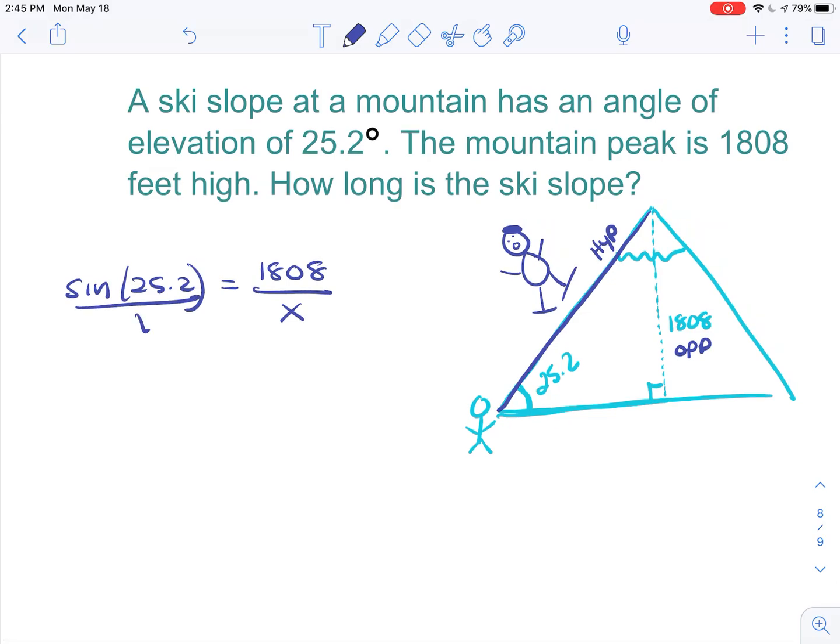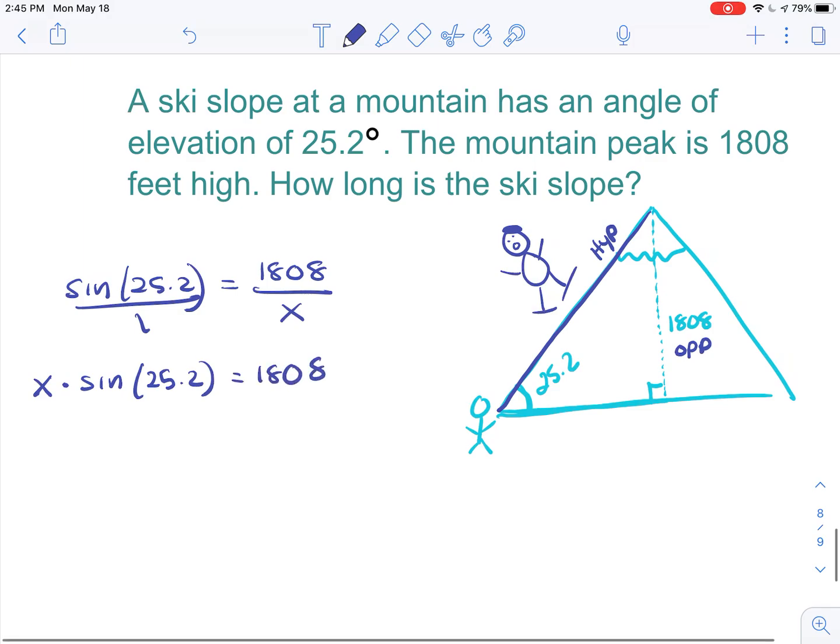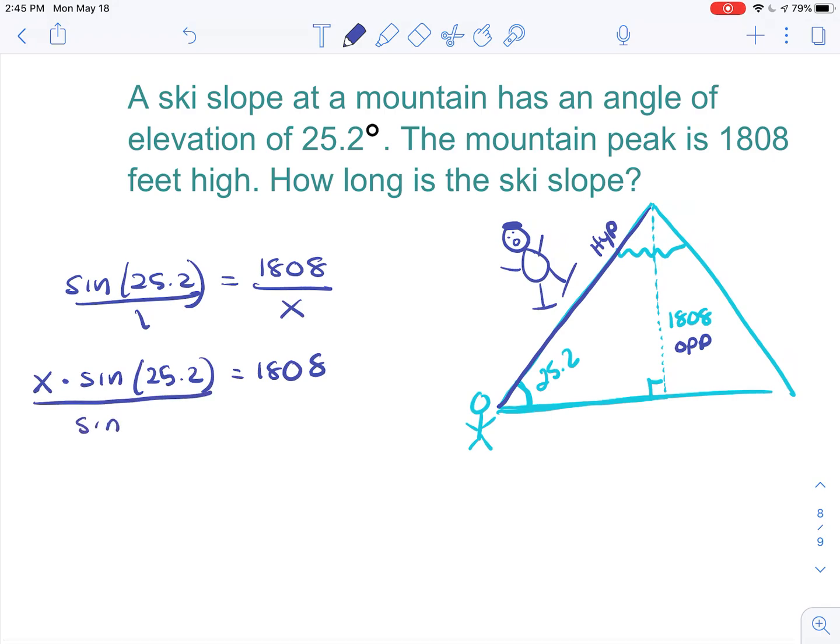But if you can solve a proportion, you can solve this. So if I cross multiply, I get x times sine of 25.2 is equal to 1808. Okay, now I still need to isolate x, so I'm going to divide by this trig function. Okay, and I get x is equal to whatever this is when plugged into my calculator.